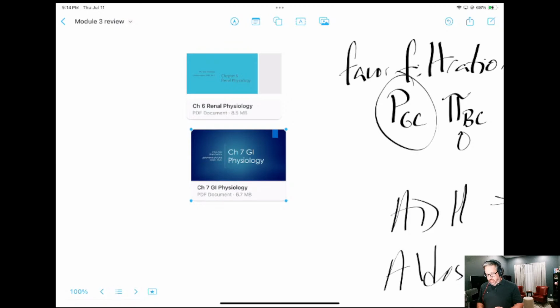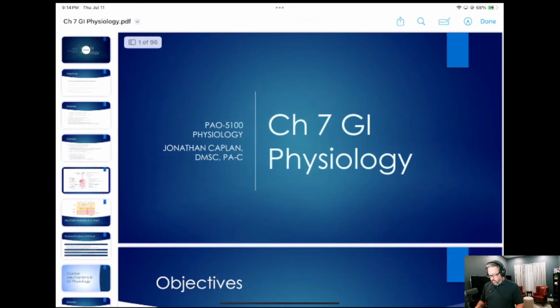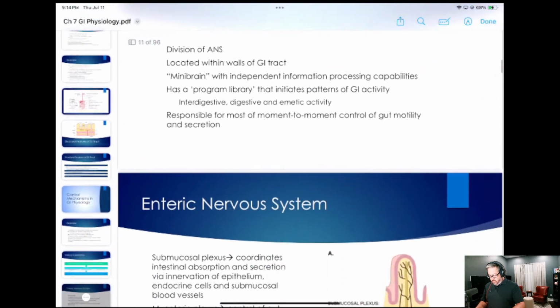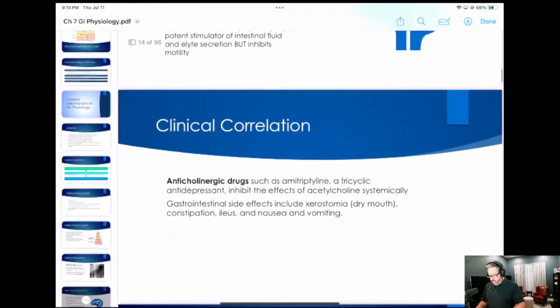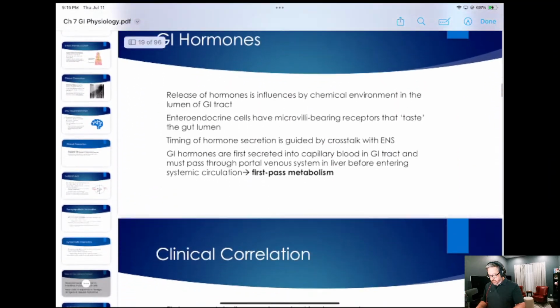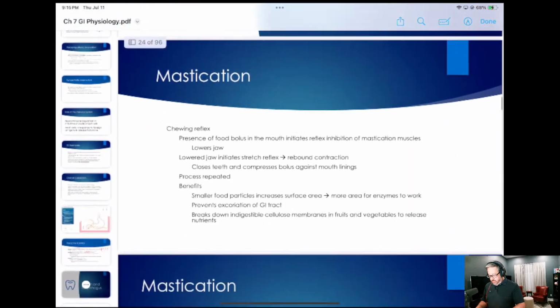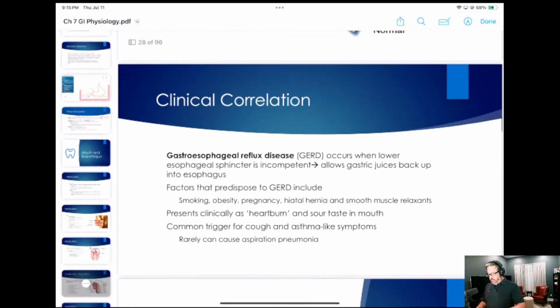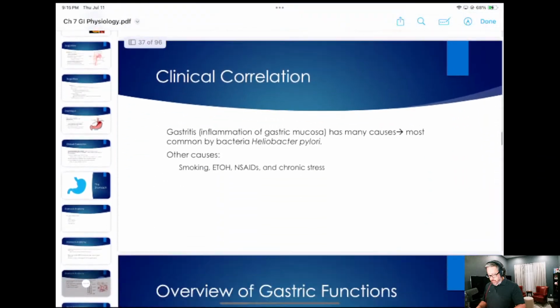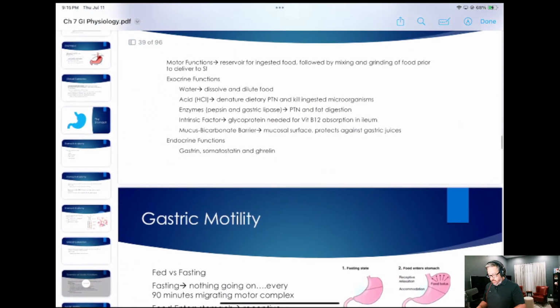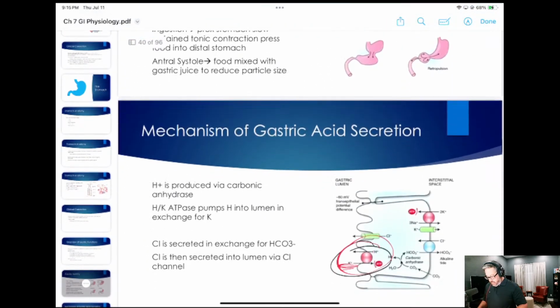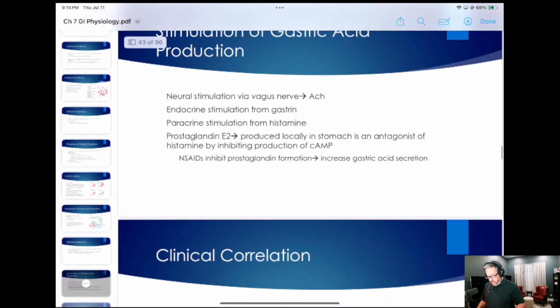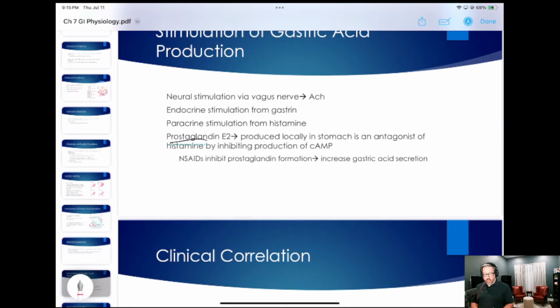Okay, so prostaglandins, let's go over that. So prostaglandin E2, the main goal is it's an antagonist of histamine, so it's going to stop histamine from being made.